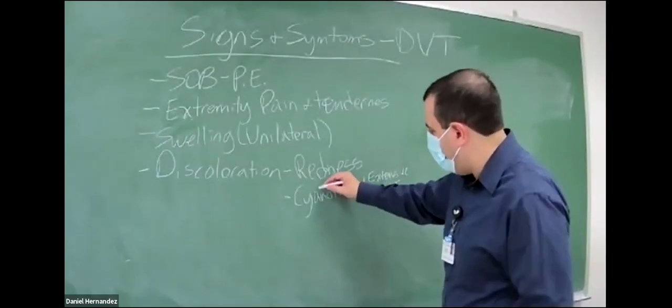You can also have cyanosis, or a little loss of color, like the leg gets a little purplish or blue.